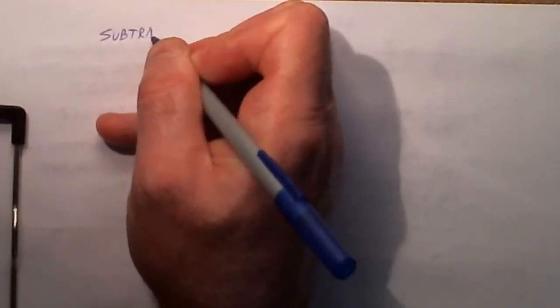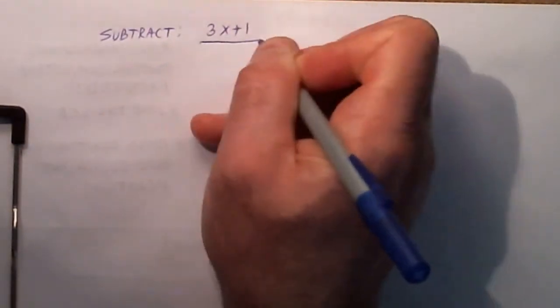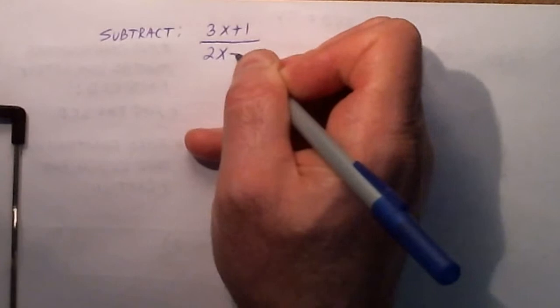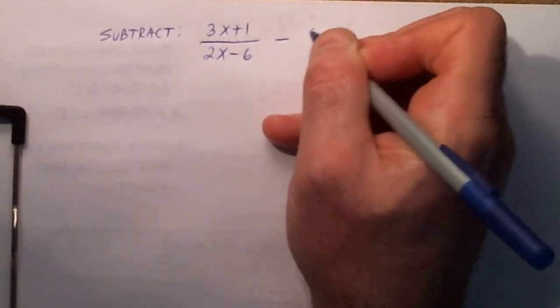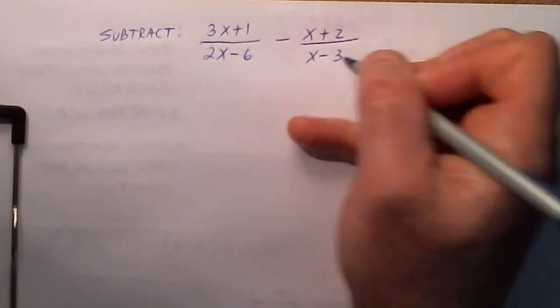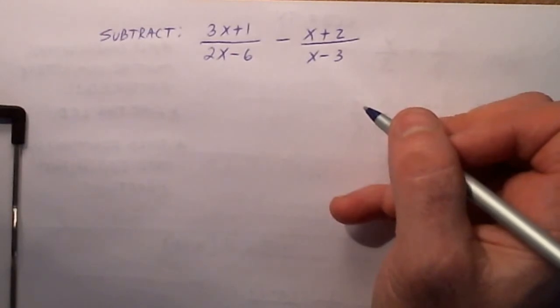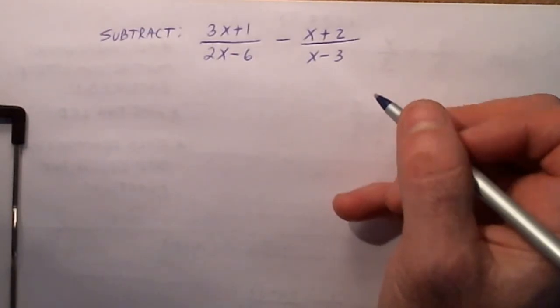We'll try a subtraction problem now. 3x plus 1 over 2x minus 6. And we're going to subtract off the rational expression of x plus 2 that sits over x minus 3. First, we have to make sure both the denominators are completely factored before we can begin to put together a least common denominator.